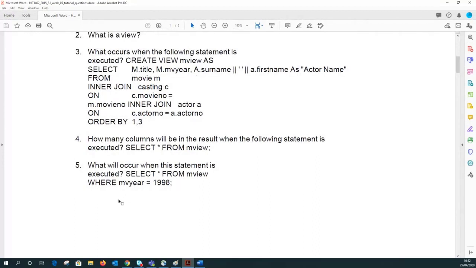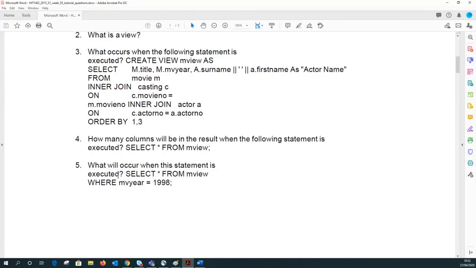Now we are going to move to question number 5. Now we are using the same view object, selecting from the same view object, but now we put a kind of restriction on which rows we want.